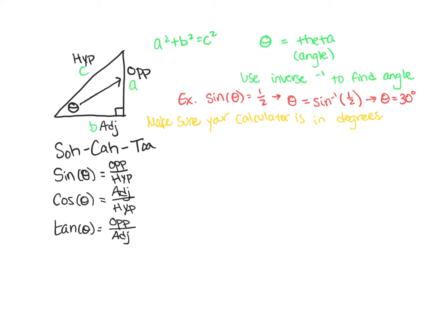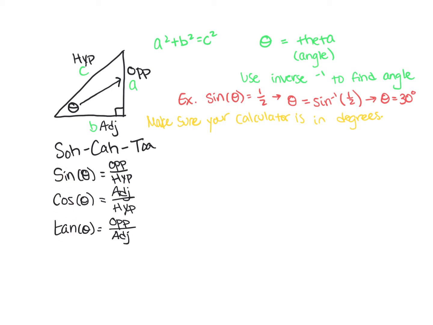Anyway, we have our three trig functions that we know, and you might have asked yourself in the past, well, what if the hypotenuse is on top? Well, that's where we get our other three trig functions from. They are the reciprocal, or the flip, of sine, cosine, and tangent.